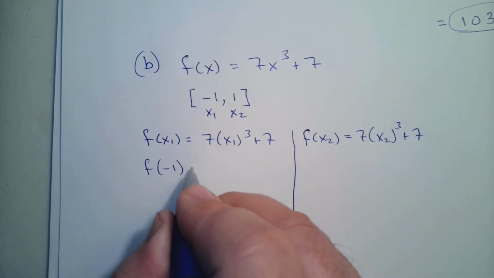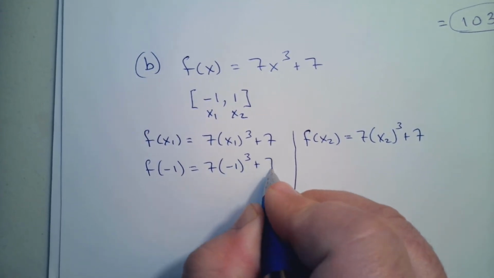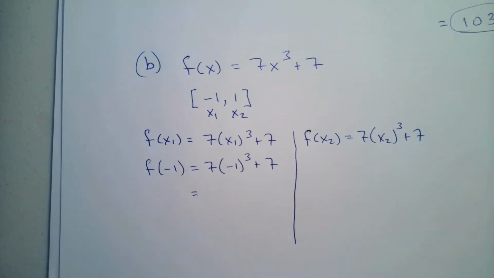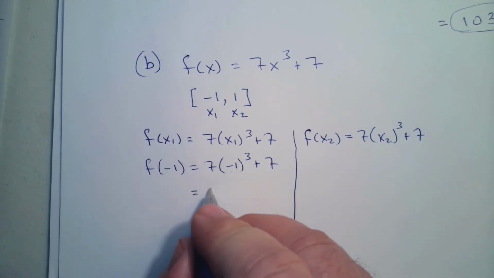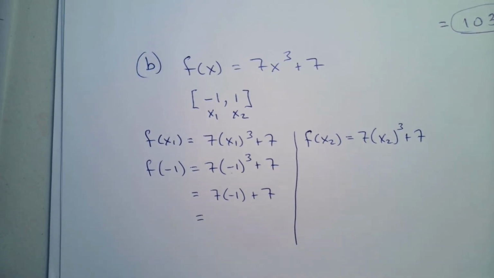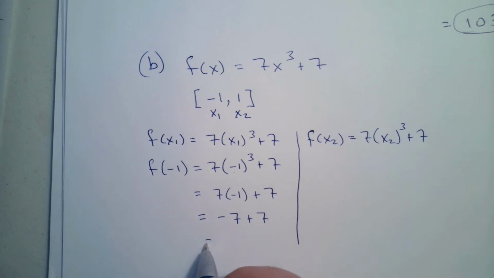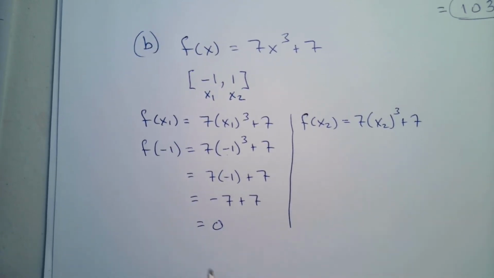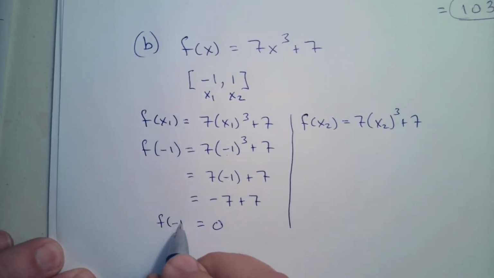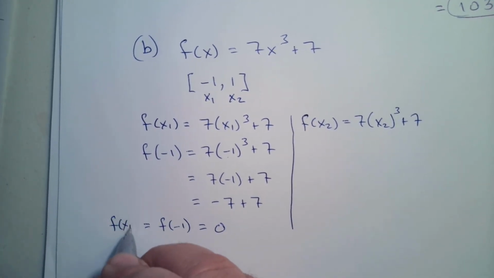So at -1, -1 cubed is -1. Seven times -1 is -7 plus 7 equals 0. So f at -1, or f of x1, is 0.